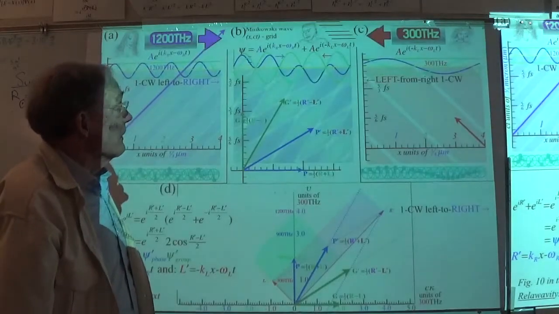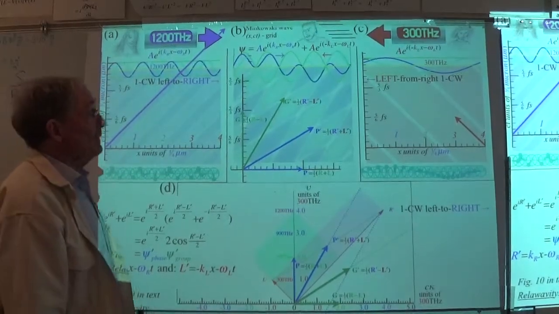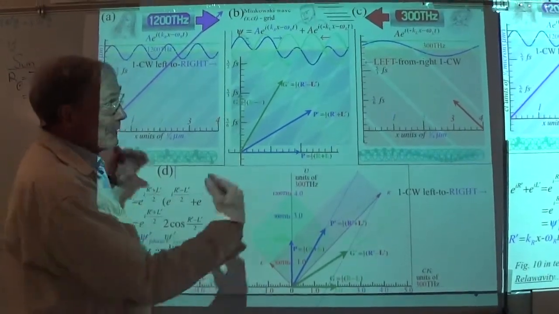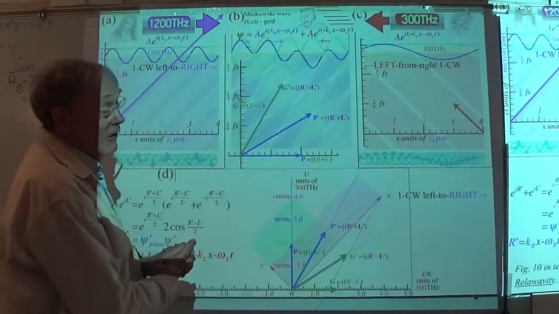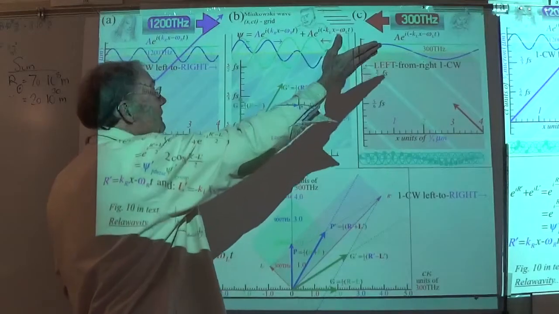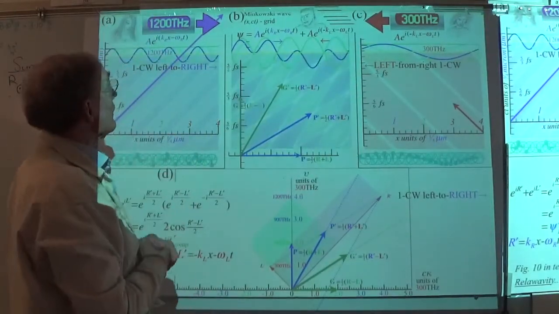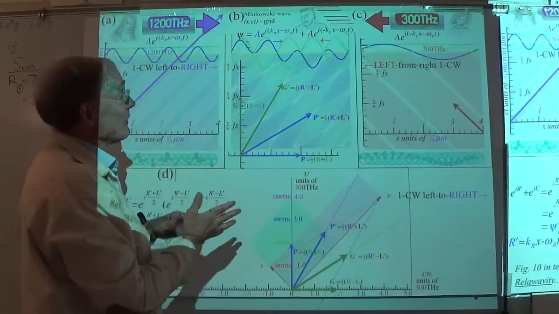The first thing I point out is what we did last time with Bob sitting in between two 600 terahertz lasers, and he's moving, so he's redshifted this one down by a factor of 2 and this one up by a factor of 2. This is Alice's 600 terahertz laser.